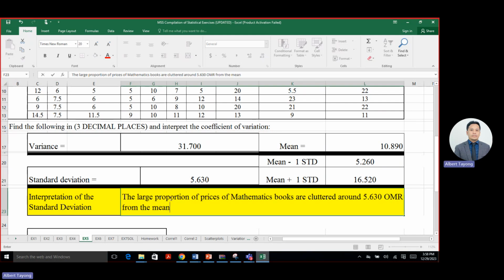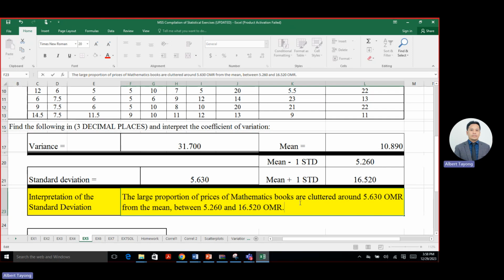from the mean, between 5.260 and 16.520. When you use the word between, you have to use and. If you're going to use from, it should be to: from 5.260 to 16.520.